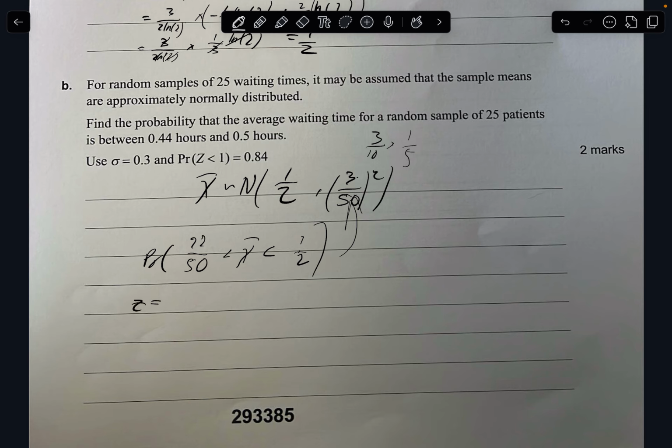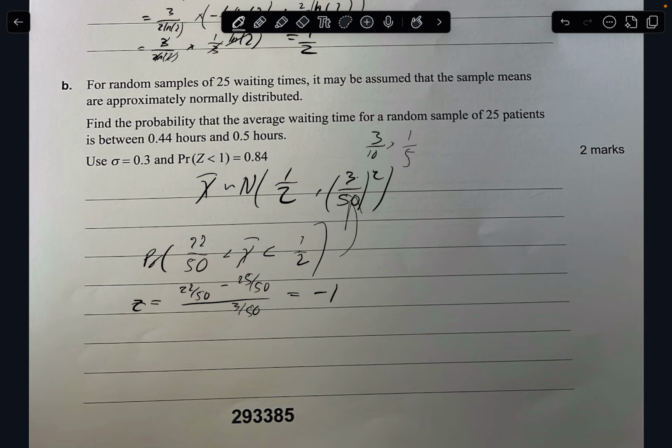So z is equal to 22 over 50 minus the mean, which we'll say is 25 over 50, and then divided by the standard deviation, which is 3 over 50, which is negative 3 over 50 over 3 over 50, which is -1.